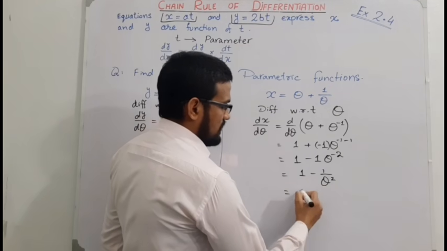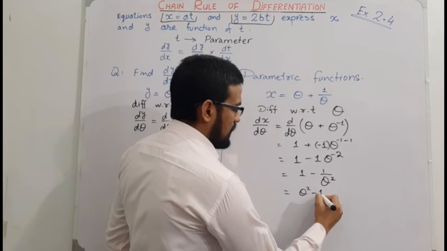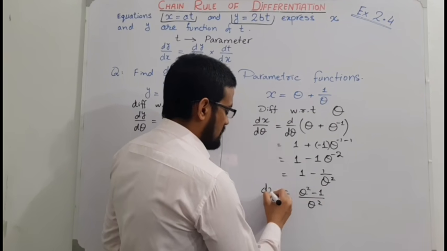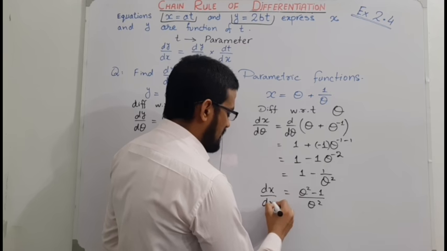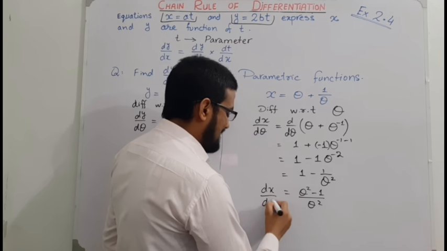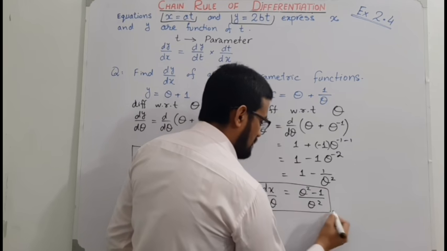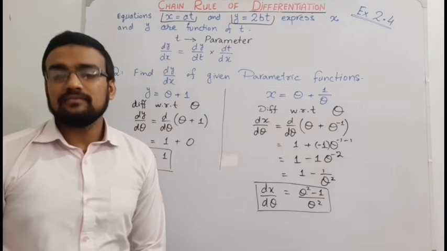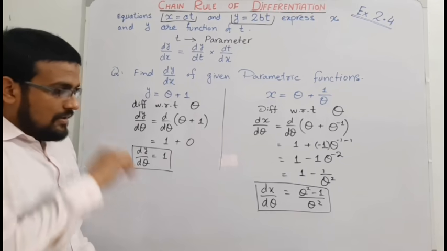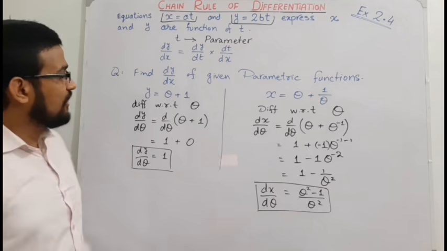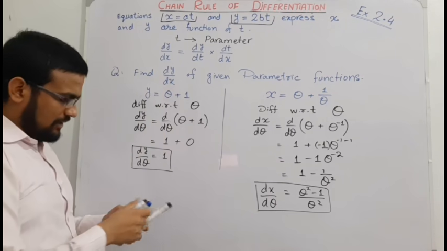Then the final result is theta square minus 1 over theta square. This is the result of dx over d theta. Then our requirement is dy over d theta by chain rule.